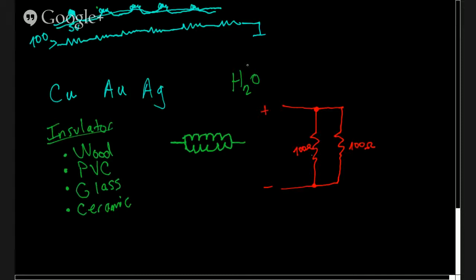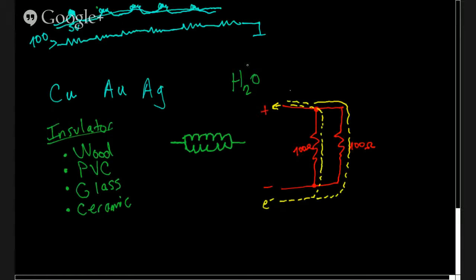Combining those two resistances in parallel, we will always end up with less resistance than either of them alone, because we've created a better path for the electrons to flow. In this case, electrons will go through each resistor equally, assuming they are exactly the same value. So we've got the same voltage across these two points.